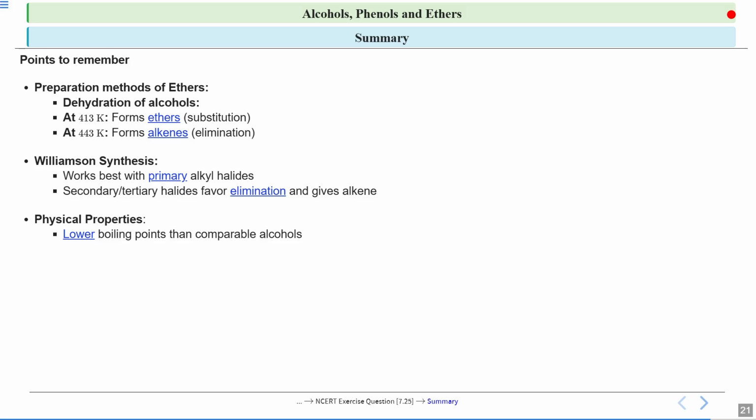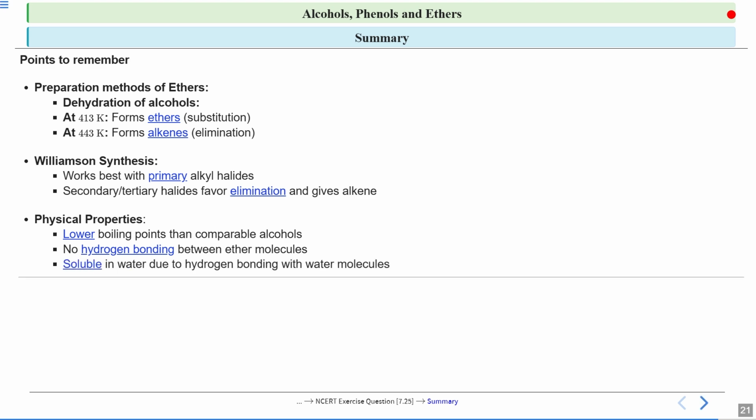That is why ethers have a lower boiling point than alcohols of comparable molar mass. There is no hydrogen bonding between the ether molecules because ether is in the form of an alkoxyalkane.